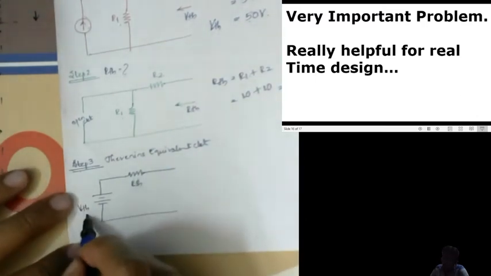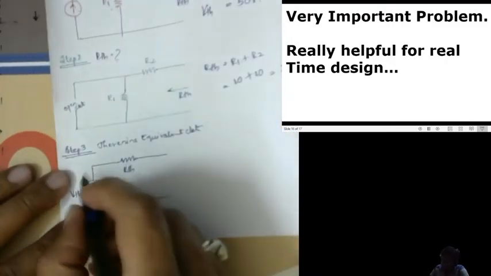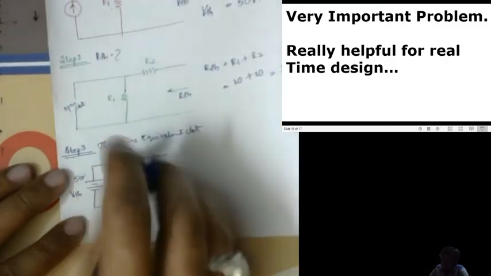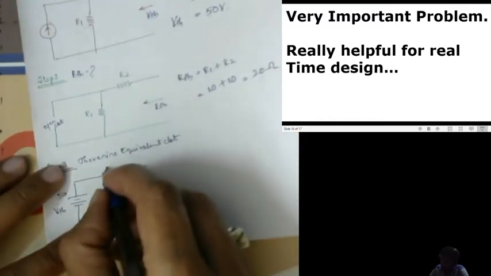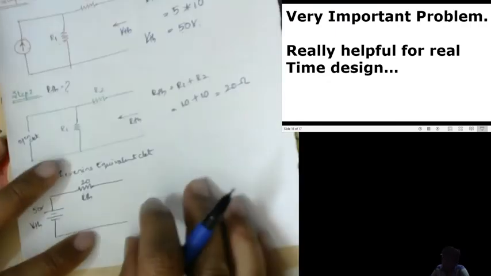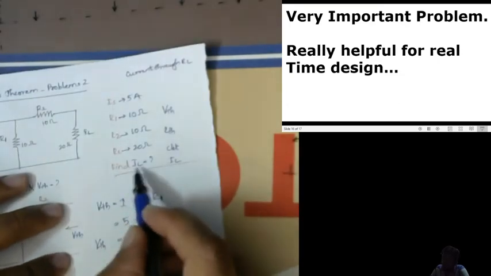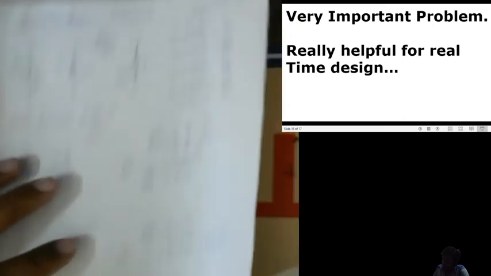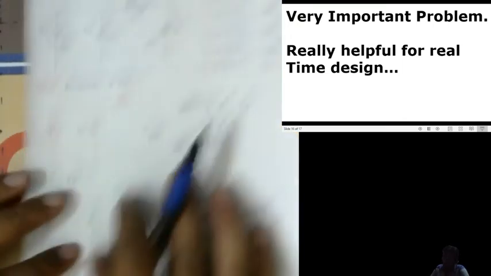The value of VTH is 50, so here you write 50. The value of RTH is 20, here you mention 20. Then what we can do is find the load current IL. In order to find this, put the load resistor in this circuit diagram.